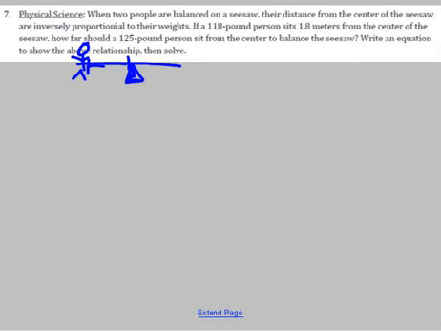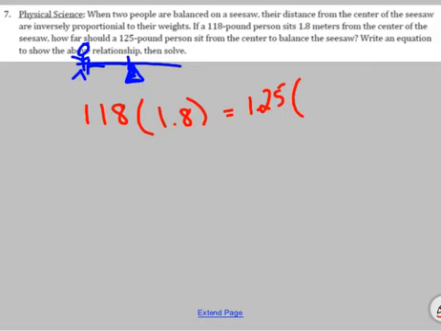Okay, what you want to do is 118 pounds times the 1.8 is equal to the 125-pound person, and then we want to know the other distance.